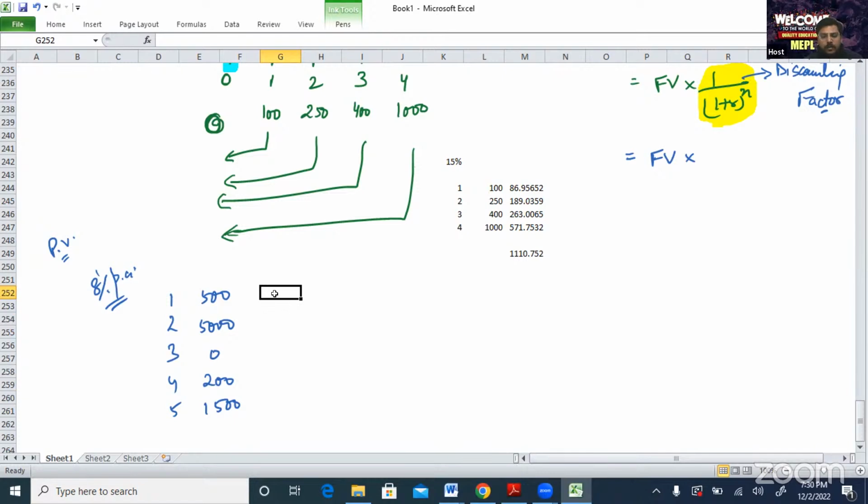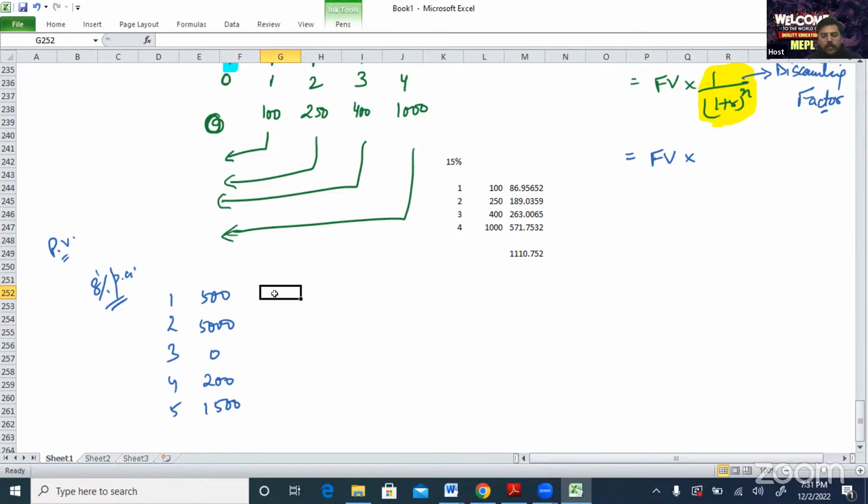Now what will happen? Again, press NPV. Then it is asking for I. 8% is my I. So I will press 8, enter, drop down key. So NPV is coming.